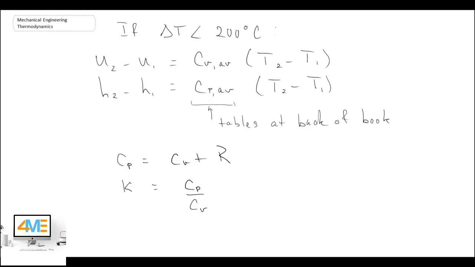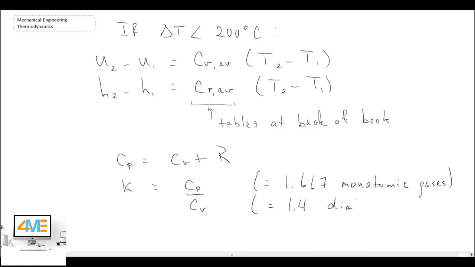And the ratio of specific heats will depend upon the gases that we're looking at, but it is 1.667 for monatomic gases, and 1.4 for diatomic gases and air.